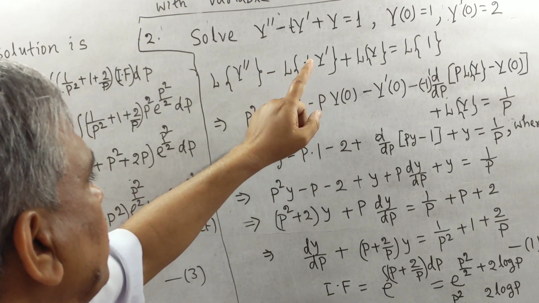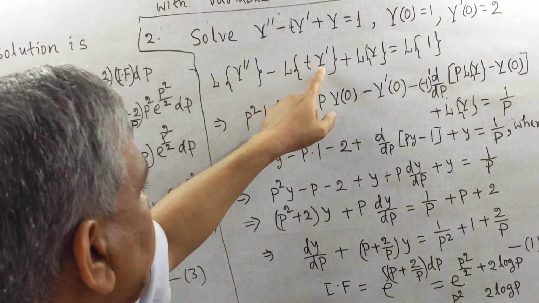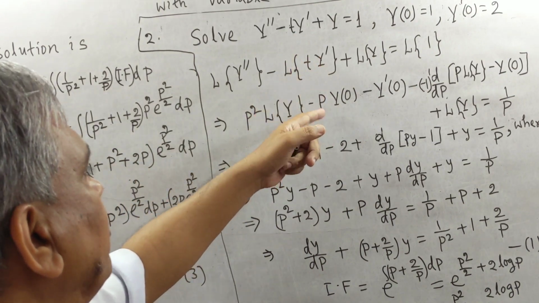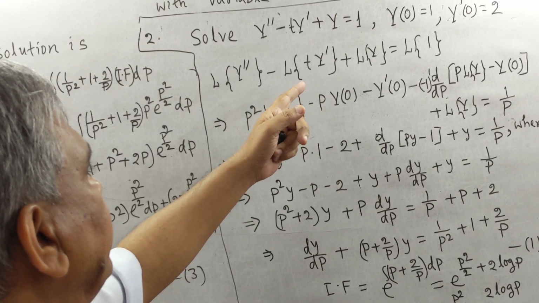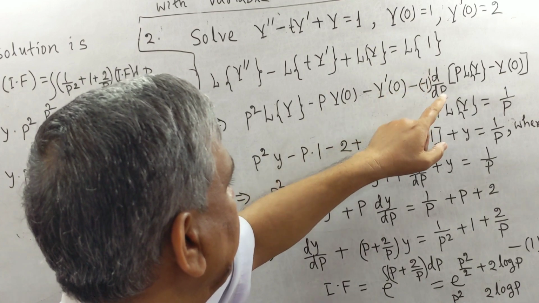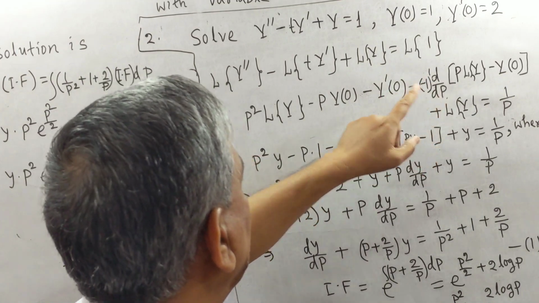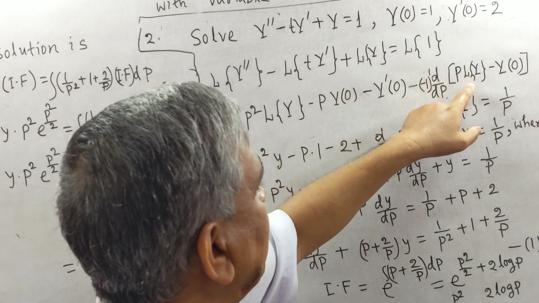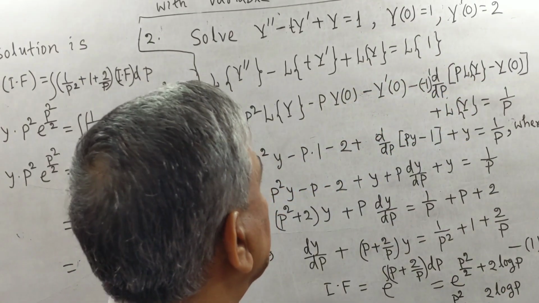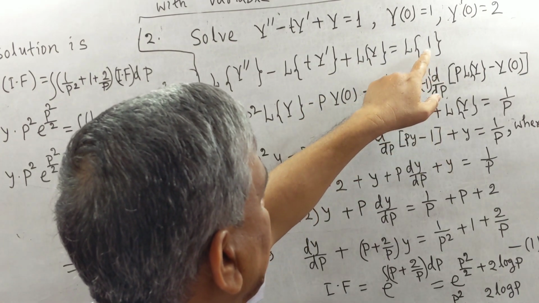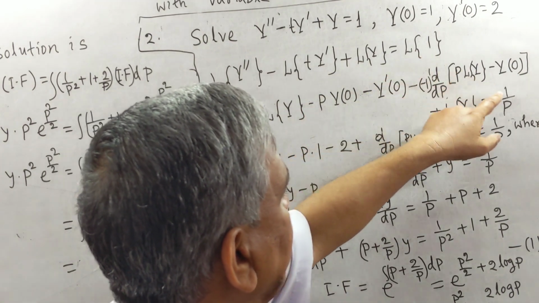So first we find the Laplace transformation of y', then we apply on it −d/dp. So −d/dp of the Laplace transformation of y', which is p L[y] minus y(0), plus L[y], equal to the Laplace transformation of 1, which is 1/p.